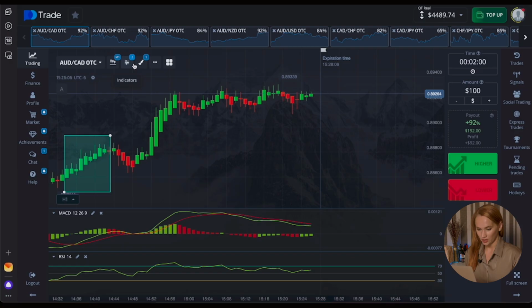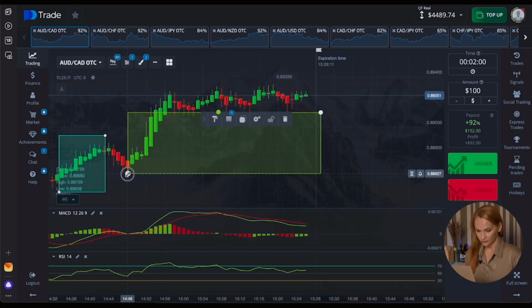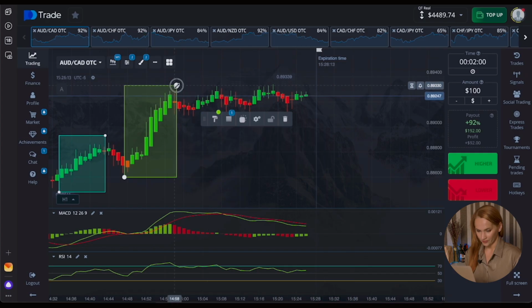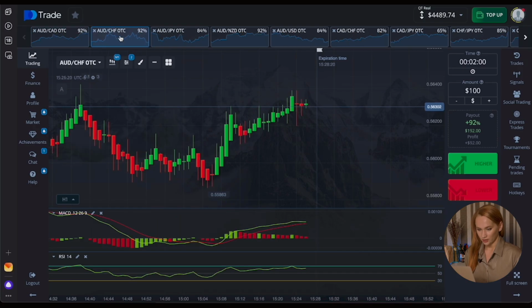So some particular moments here, these two. Okay, let's look at another currency pair.